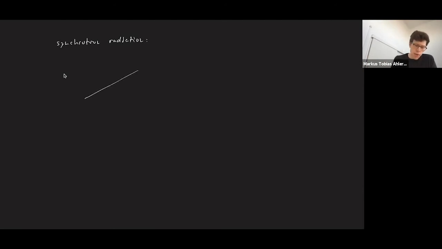So here again, we have a background magnetic field and a lepton, in this case an electron, that is going to perform a gyro motion around this magnetic field. We assume here that the momentum of the particle has a pitch angle with respect to the axis of the magnetic field. So the pitch angle is cosine theta, defined as b hat times p hat. And this pitch angle in this picture would be here.